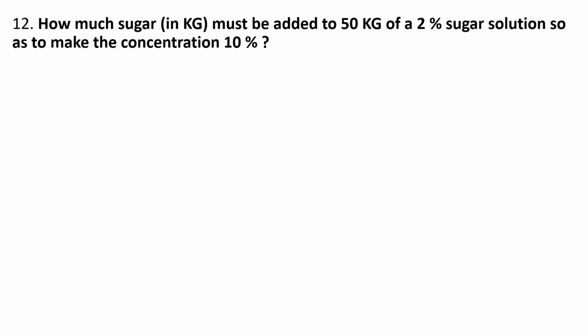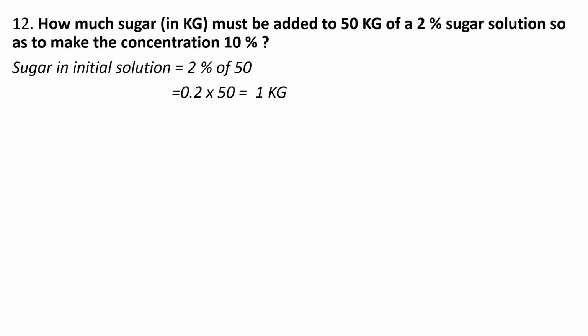And the present weight of the sugar is 1 kilogram. So the sugar in the initial solution, the sugar concentration in the initial solution, is 2%. That is 2% out of 50. So 2% of 50 will be 0.02 into 50. That will be 1.